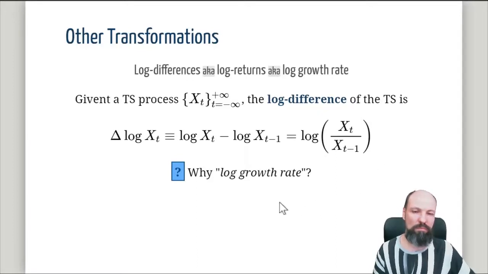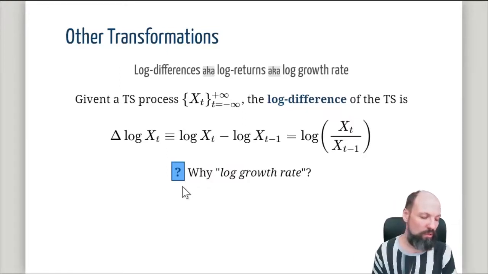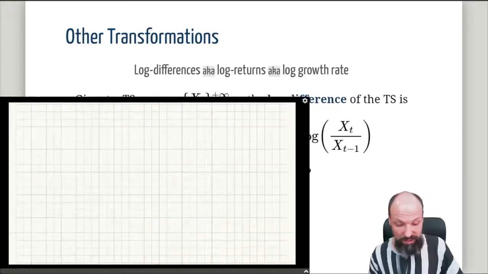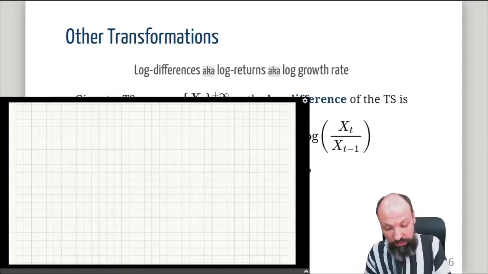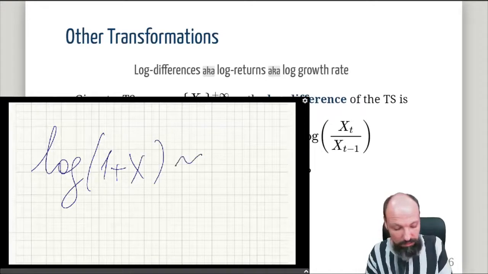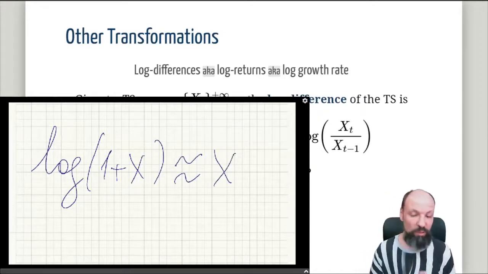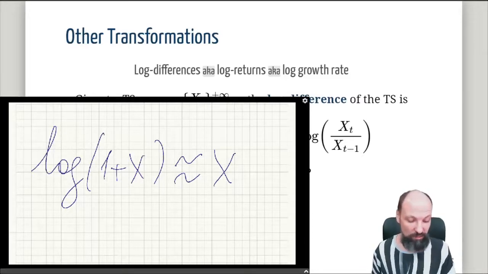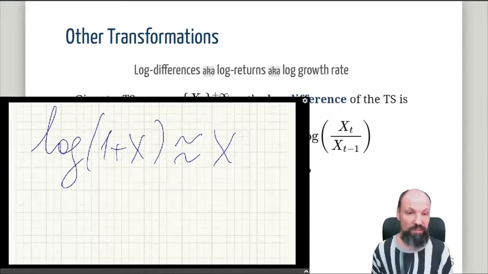Because the logarithm of one plus x is approximately x. Yay, thank you. Last year we spent like half a class on this, and I have no intention of doing this. So if this thing looks not familiar to you, please go back wherever you need to, mathematical analysis, macro, whatever, and remember this, because this is very important, especially for using this type of transformation for financial data especially.